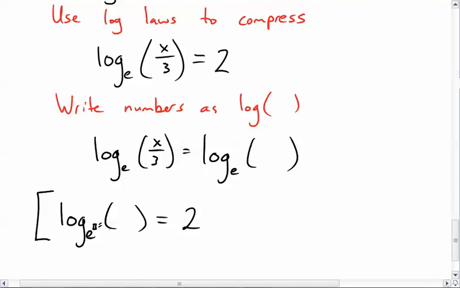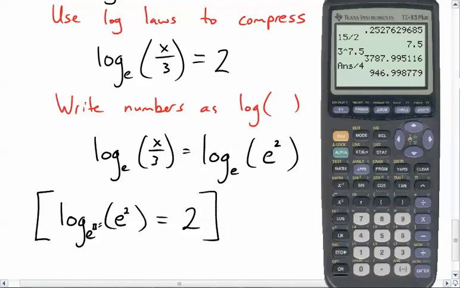So in this case, if we take e squared, then e to the power of 2 would be equal to e squared. So if we put e squared here, log base e of e squared is 2. And we could check that. ln of e squared is 2.